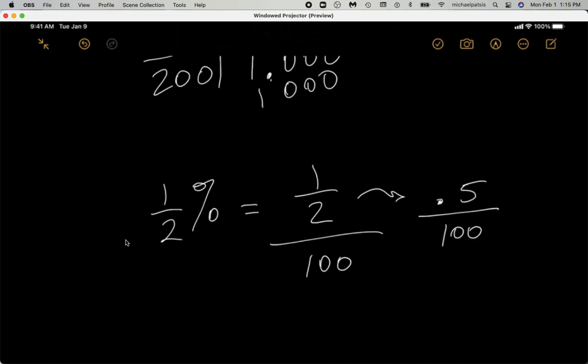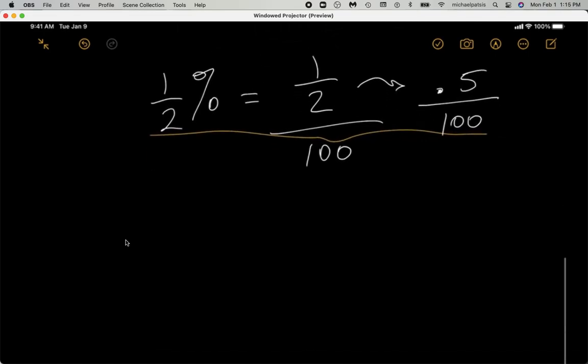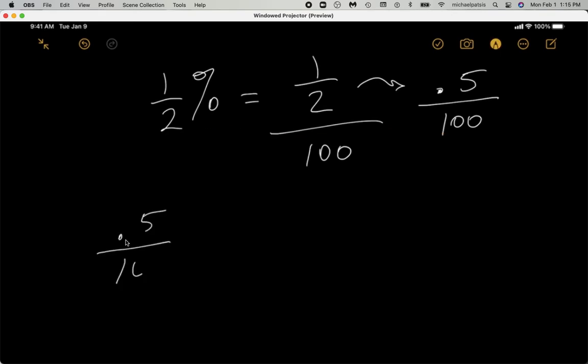Because 1/2 equals 0.5. We're dividing by 100. That means we're going to make this number smaller by 2 decimal places. So I'm going to move this decimal place on the 0.5 2 places this way.